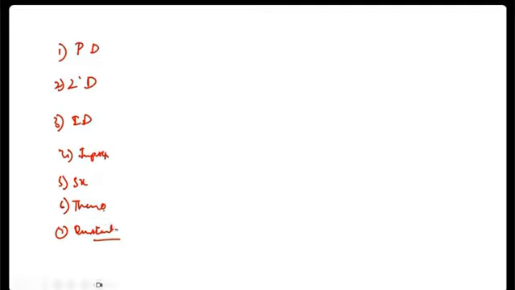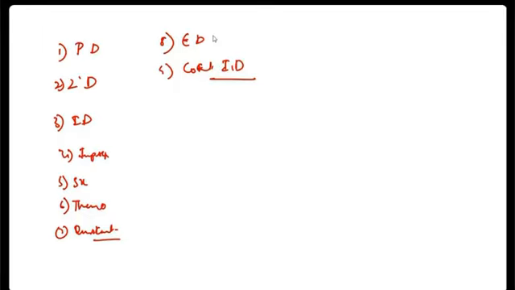Is this clear? And also the eighth one, embryo dormancy and coat imposed dormancy. So this is all about the terms for the different categories.